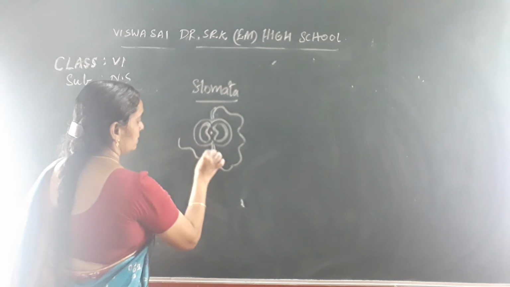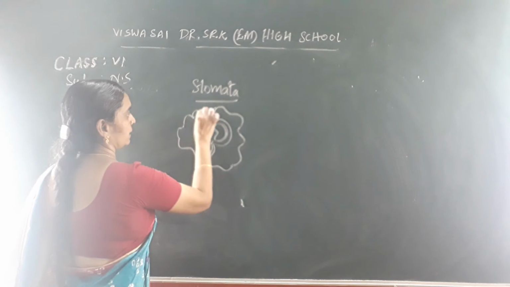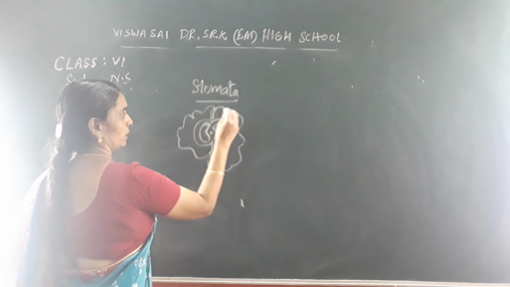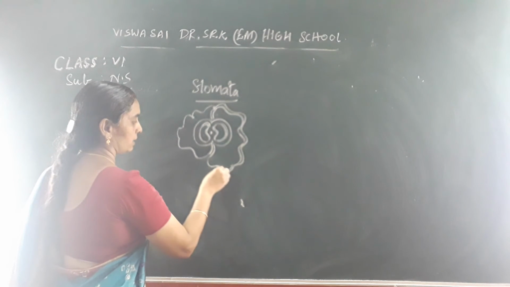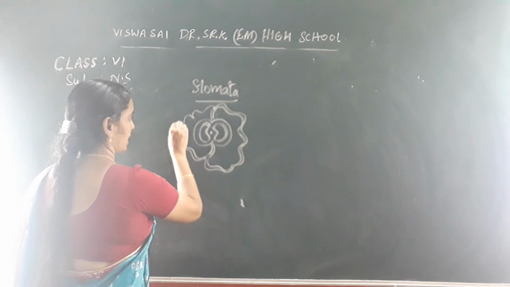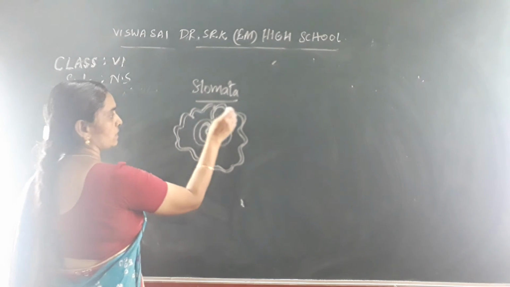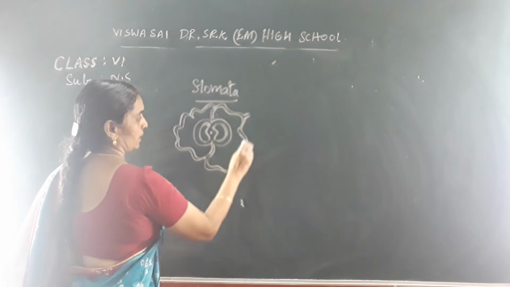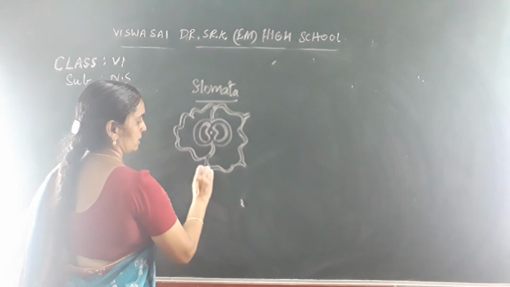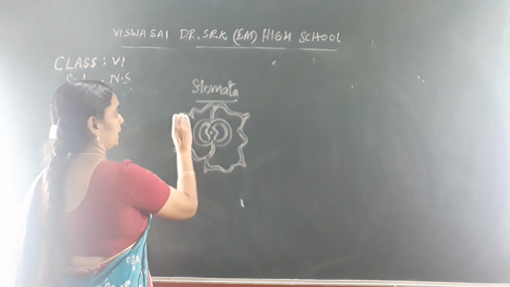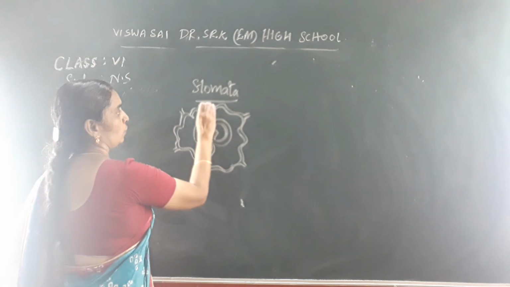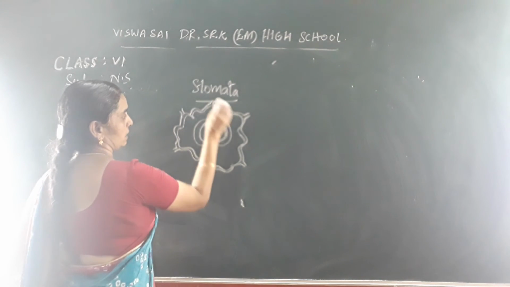They contain these stomata, as I said to you earlier. They are tiny pores. They are several in number. Numerous pores on the leaves that perform the function of photosynthesis.